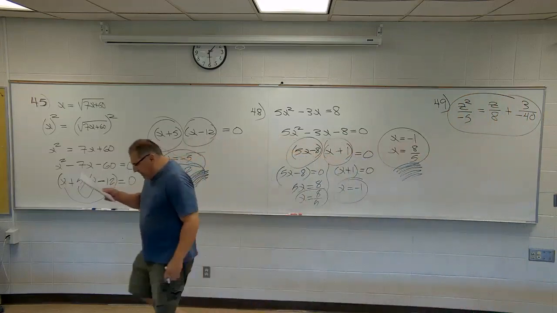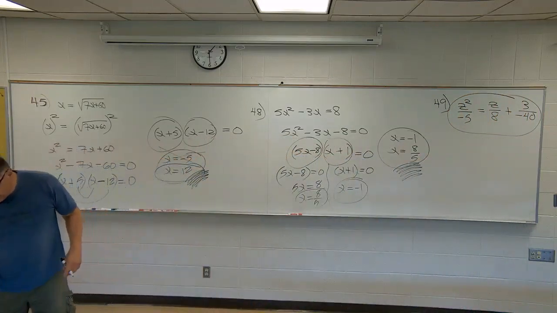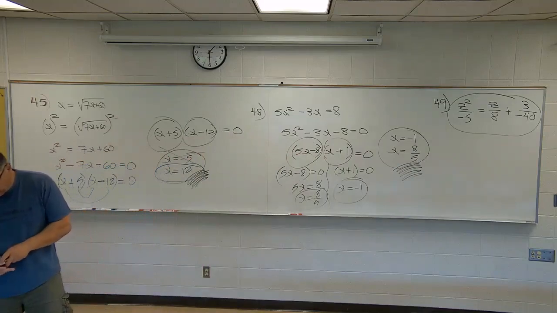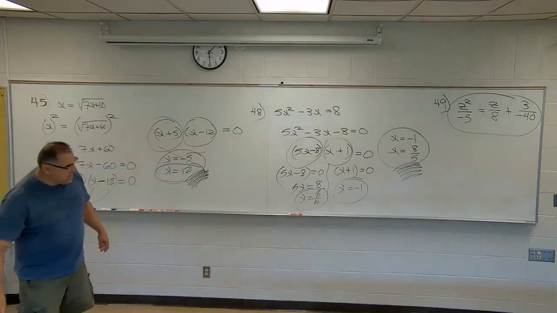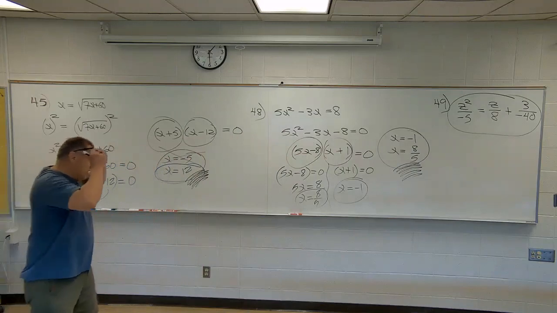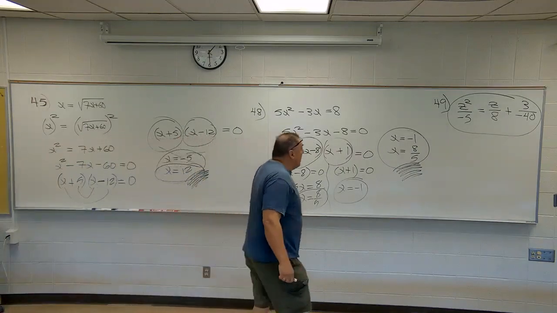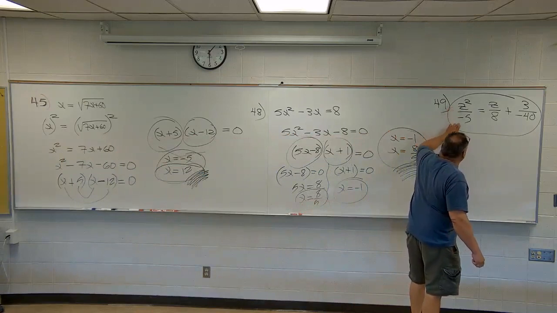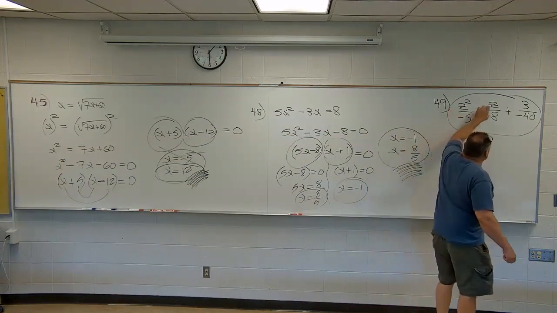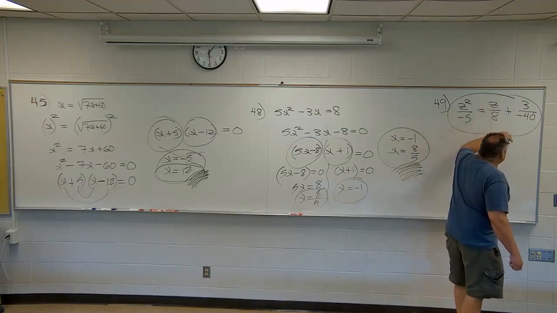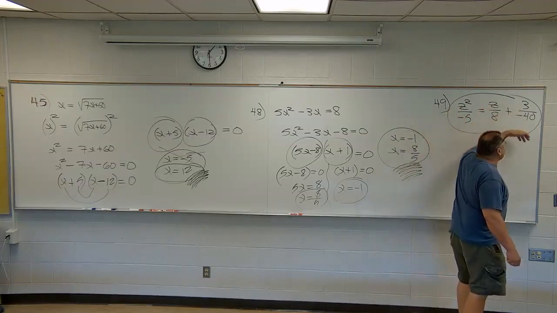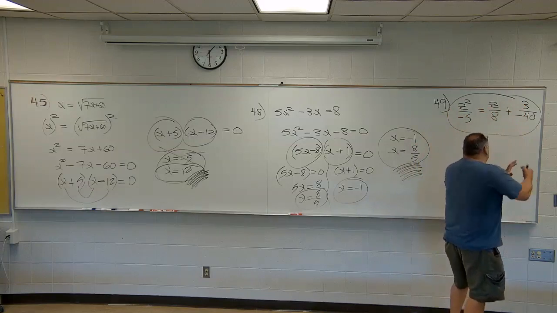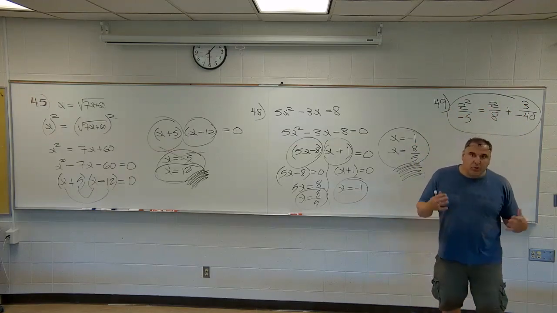How are you going to do it? There's a lot of ways you can go here, guys. Once again, a lot of ways you can go. You could make this z squared. You could make it negative 1/5 times z squared equals 1 over 8 times z equals negative 3/40. And then put everything over to one side and do the quadratic formula.